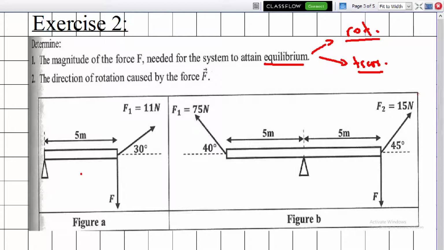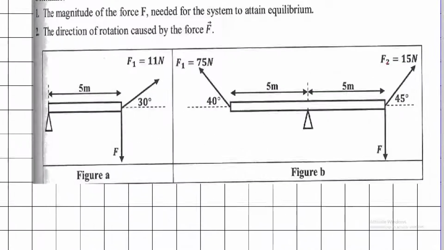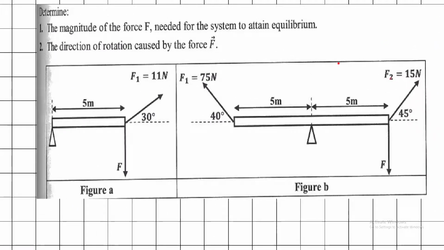Now notice that if you consider this beam, let's start with figure A. In figure A, this beam is hinged, so it is only allowed to rotate around the axis delta. So it can rotate, but this beam cannot move in a translational way. So this beam cannot move upward because it is attached here, fixed here.